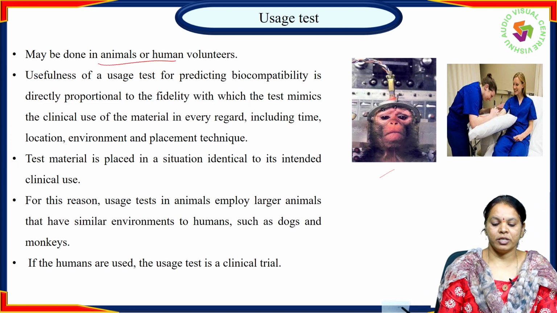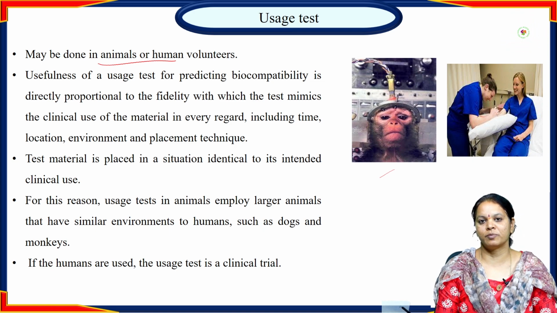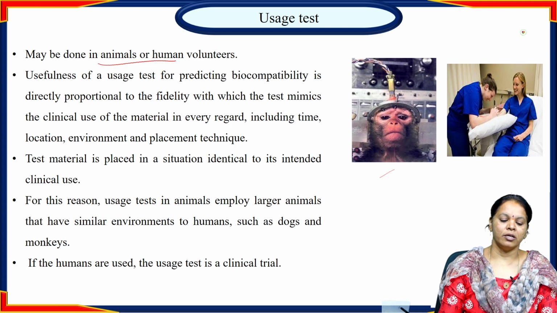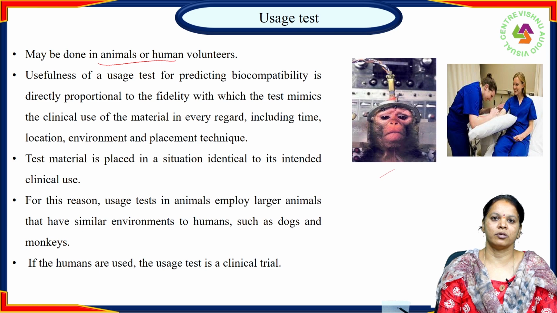The fidelity with which the test mimics the clinical use of the material is in every regard, including the time, location, and window. So the entire complete picture of the tissue-material interface, with respect to time, host tissue, and the material properties, can be clearly analyzed in this test. The test material is placed in a situation identical to how you want it to perform inside the body.